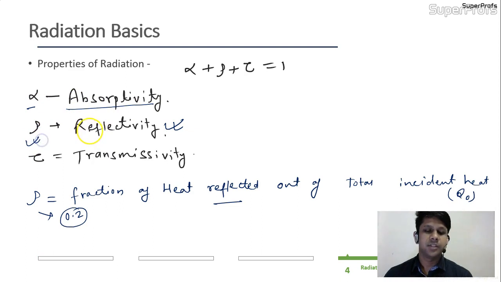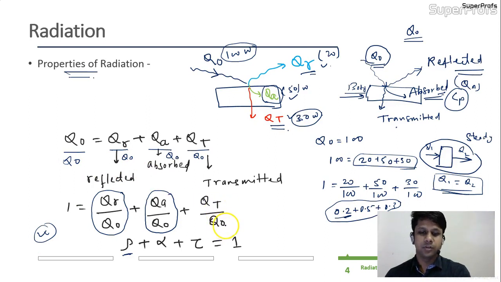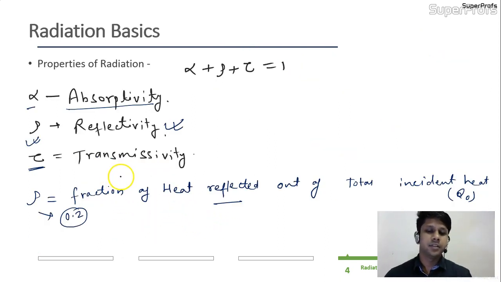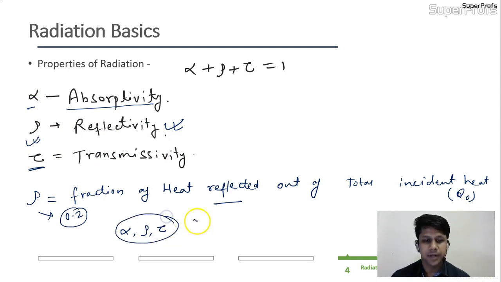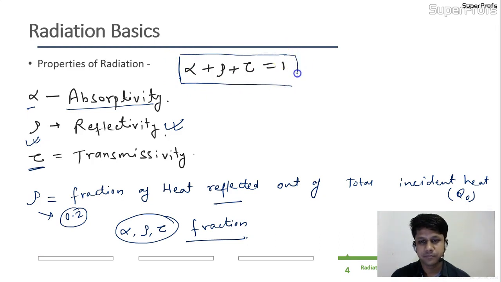Rho will represent the capacity of the body to reflect it, and similarly this tau will be Qt by Q naught, and it will represent the capacity of the body to transmit heat, right? So all these alpha, rho and tau are fractions, and as we have proved, always alpha plus rho plus tau will be equal to 1.